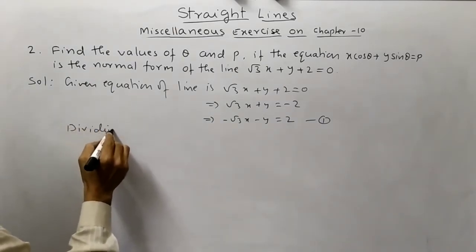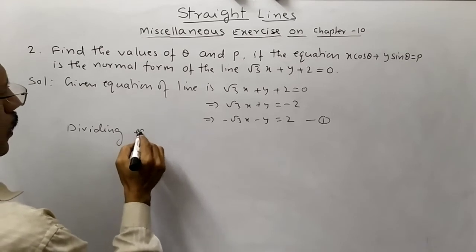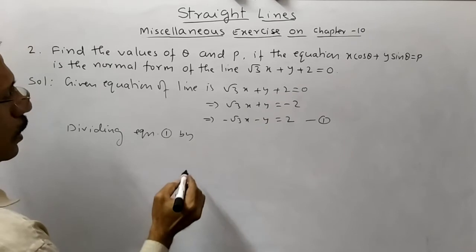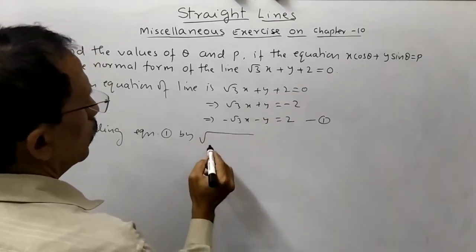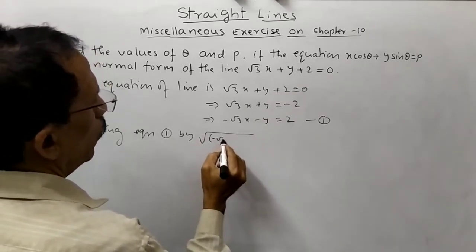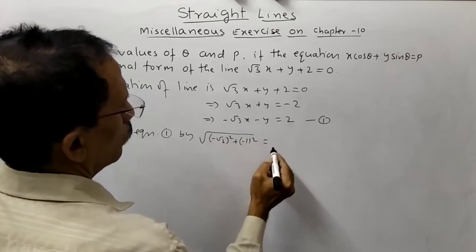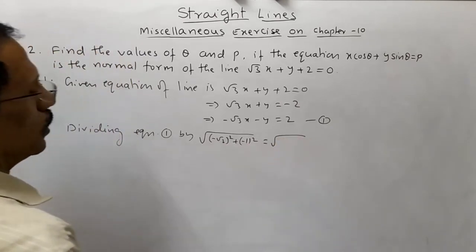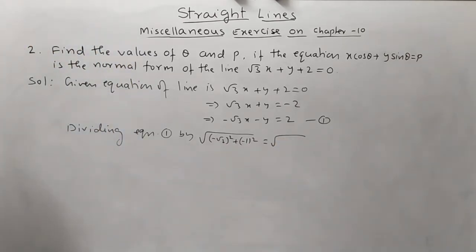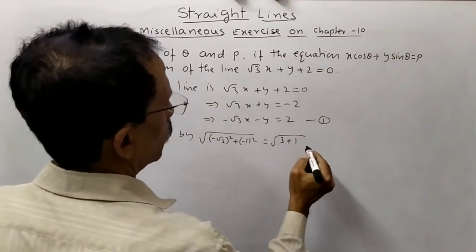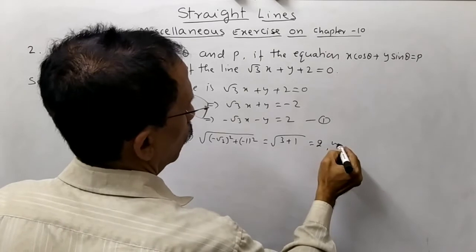Dividing equation 1 by square root of square of coefficient of x plus square of coefficient of y, that is square root of (minus root 3) whole square plus (minus 1) whole square is equal to square root of 3 plus 1 is equal to 2.